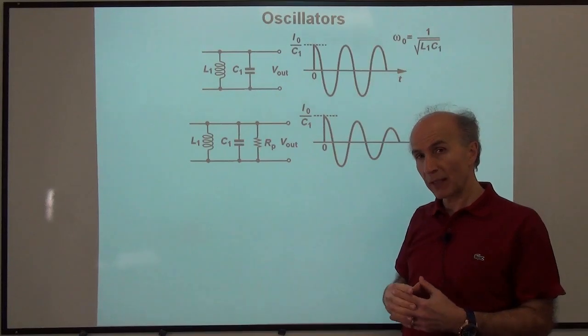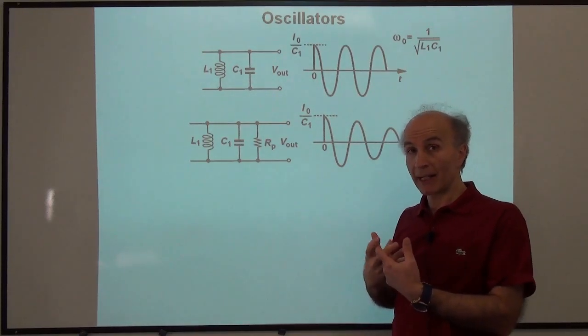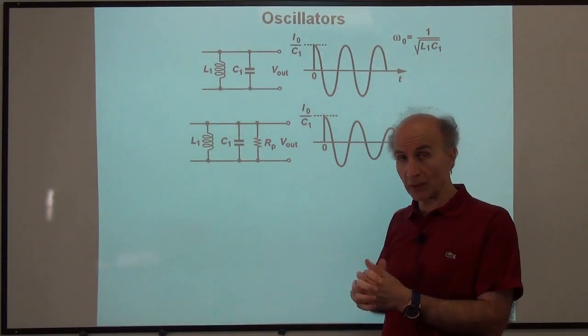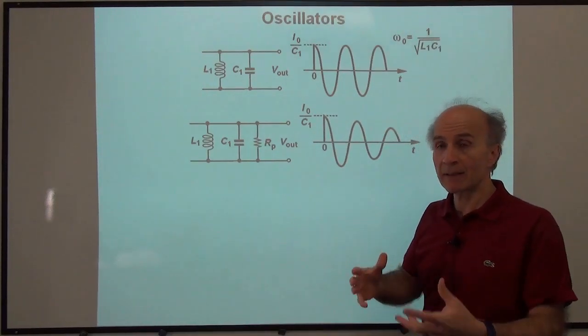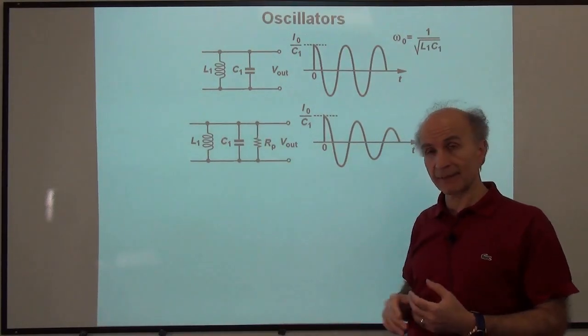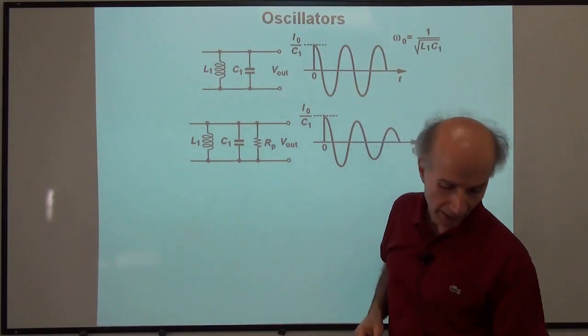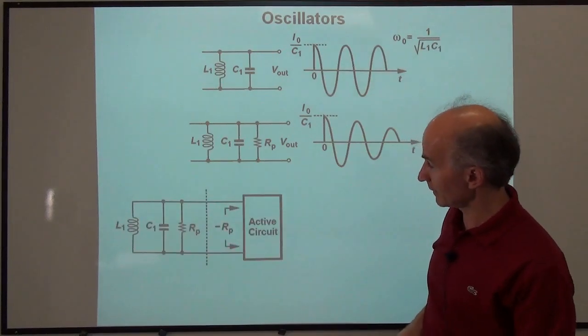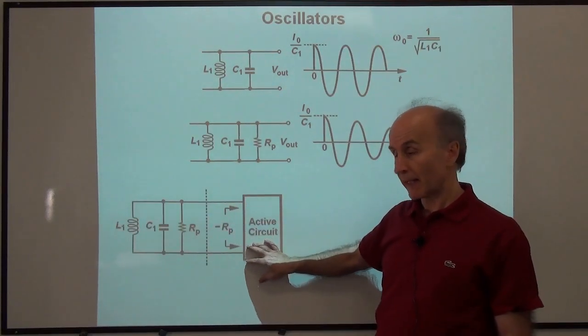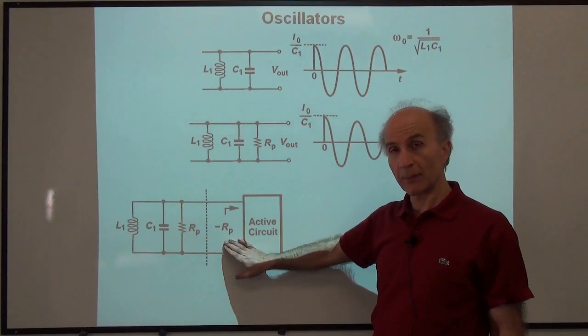So then we thought, okay, maybe to allow this oscillation to continue, we should try to cancel the effect of this resistance. And we said, okay, maybe there's some sort of circuit that can have a negative resistance, as we saw before, and this negative resistance is equal to minus RP.